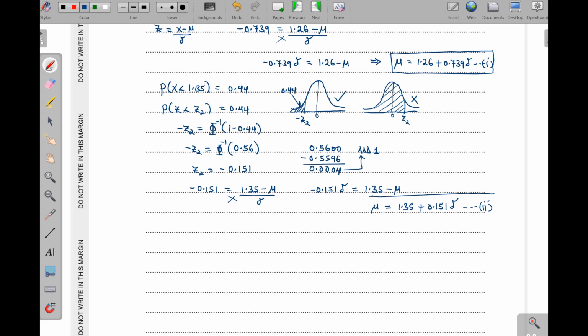Now, I'm having these two equations, so I can solve them simultaneously. Solving 1 and 2 simultaneously, I just equate them, not so?